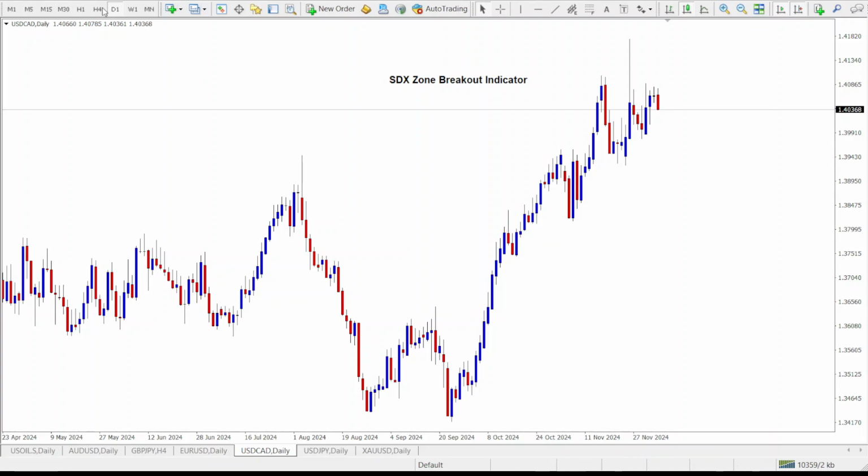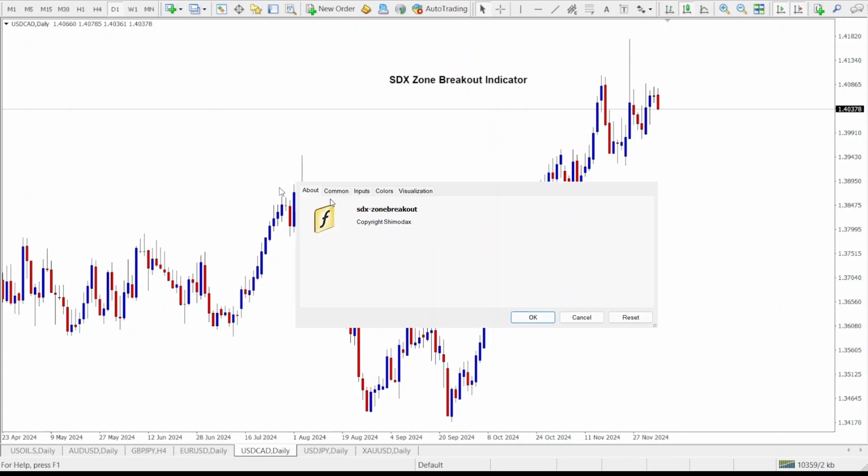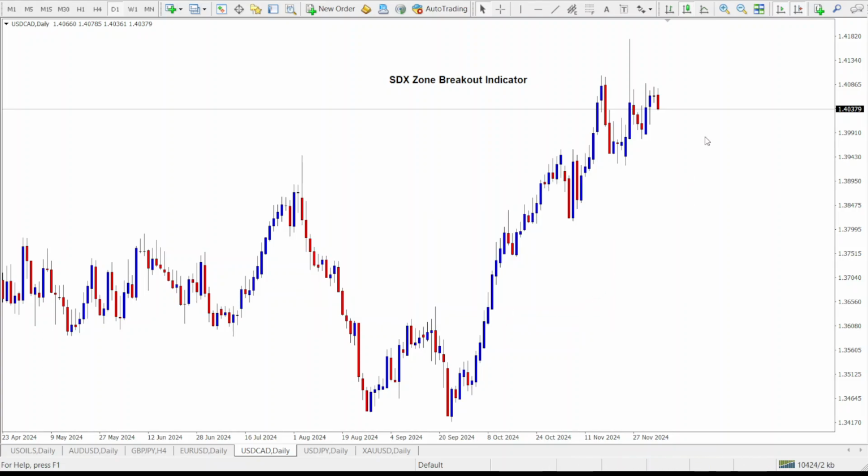So I'm just going to add the indicator to the chart right away. So this is the SDX Zone Breakout Indicator.